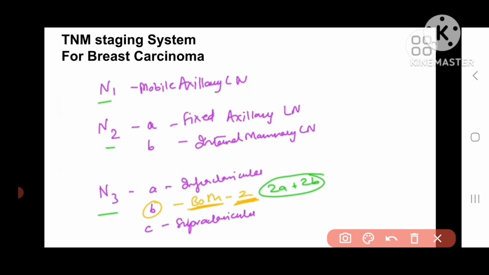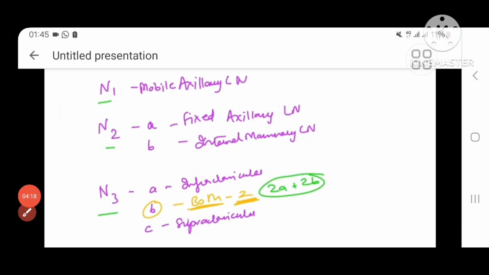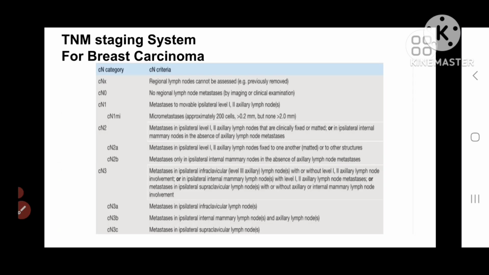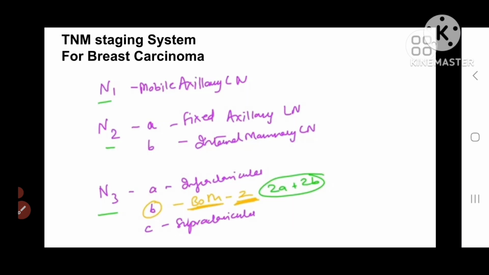N3 is further classified into three types: N3a, b, and c. A means metastasis to ipsilateral infraclavicular lymph nodes, that is axillary lymph node level 3. And B means N2a plus N2b. And N3c means metastasis to ipsilateral supraclavicular lymph nodes. So I have simplified this table in this manner. Hope this helps you a lot.